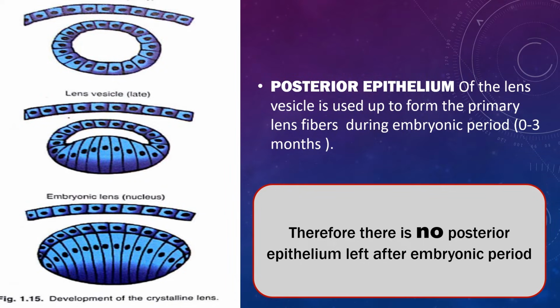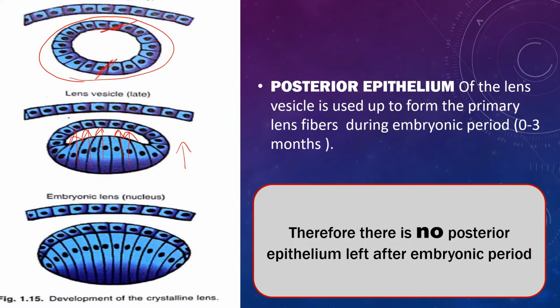So, if you remember, this is the lens vesicle, right? At this point, the lens vesicle has epithelium both at the anterior surface and at the posterior surface as well. However, the posterior epithelial cells will now start elongating, and as they elongate, they will fill up this lens vesicle cavity.